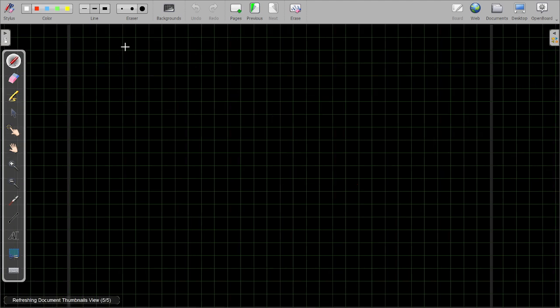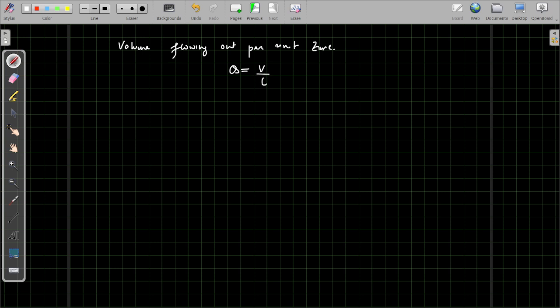To understand V, we see that the volume flowing out per unit time is given to us as Q, which is going to be volume by time t.